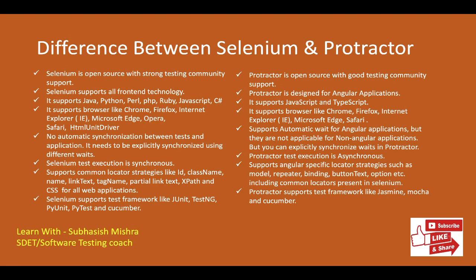We'll see all these things when we learn about locators. Then Selenium supports test frameworks like JUnit, TestNG, PyUnit, PyTest for Python, and Cucumber, whereas Protractor supports test frameworks like Jasmine, Mocha, and Cucumber.